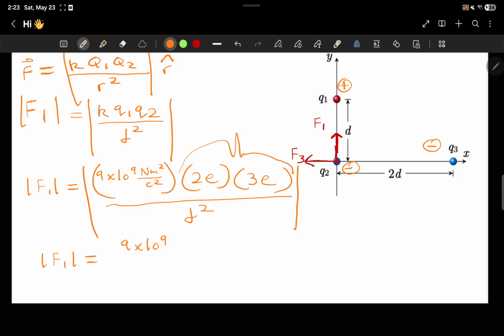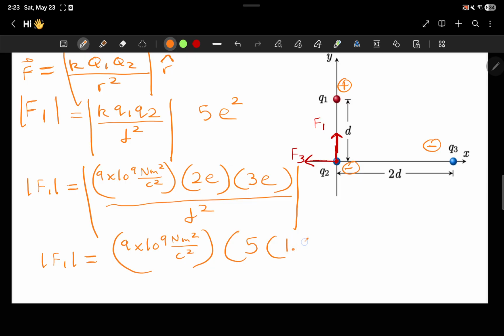Before I continue though, when you have this situation, you can multiply the 3 and the 2 together and multiply the two fundamental constants together so they become e squared. That's something to be careful of when you plug things into your calculator. And our fundamental constant is 1.602 times 10 to the negative 19 coulombs.